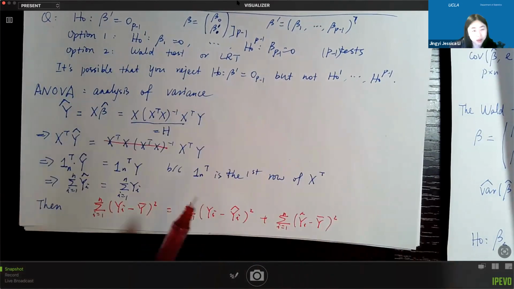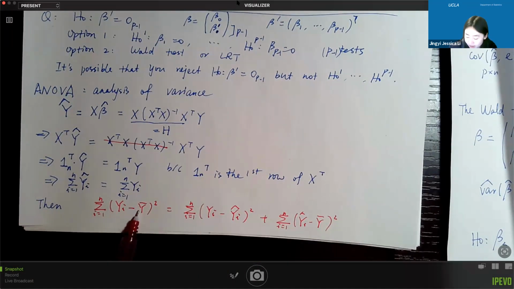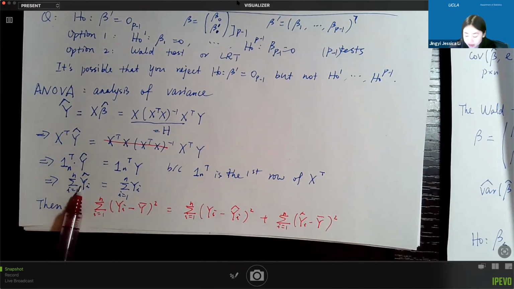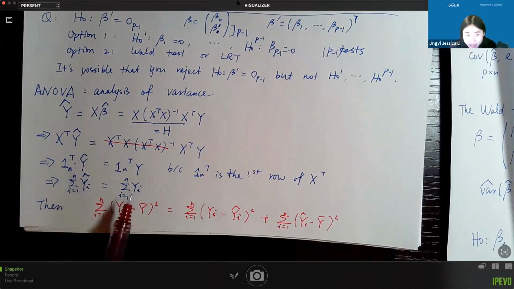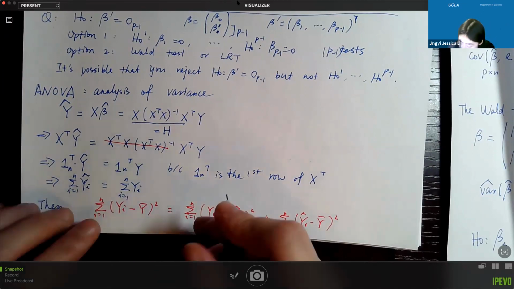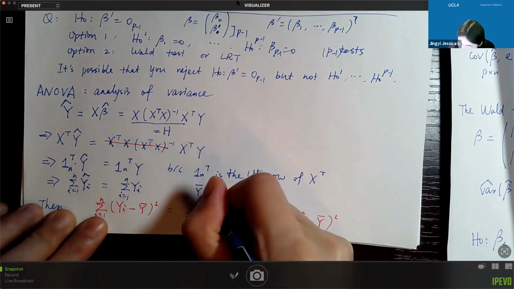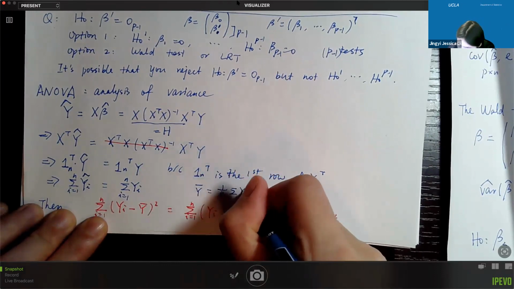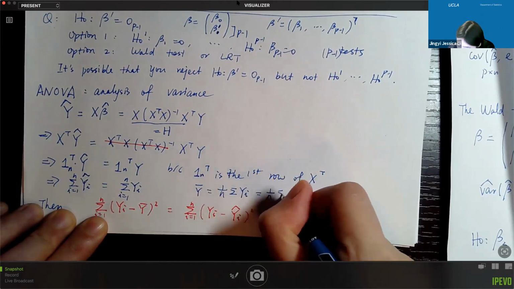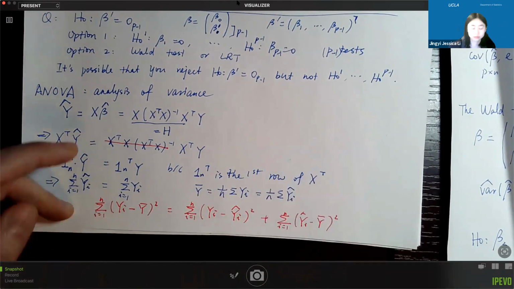You can verify this yourself by subtracting y_i hat and adding it back, then opening the quadratic term and doing the cancellation. You will need to use the fact that y_i hat and y_i share the same average, y bar. So y bar is equal to the average of y_i as well as the average of y_i hat.